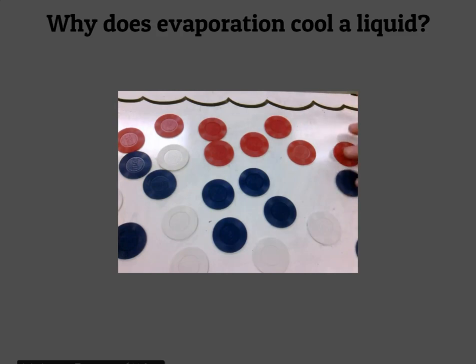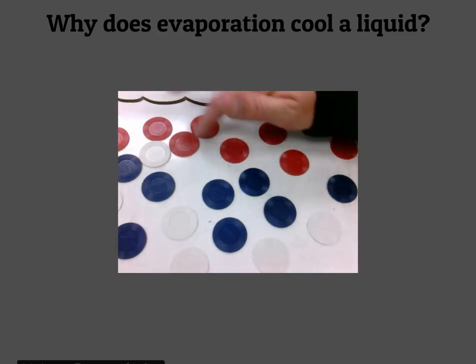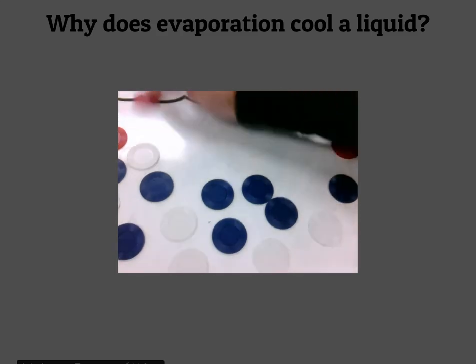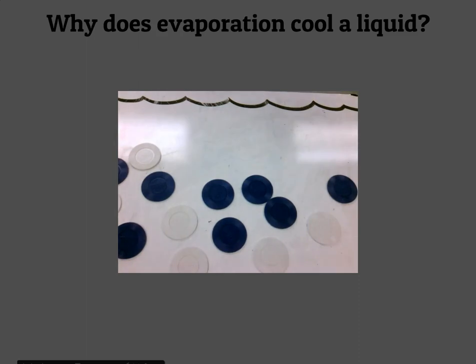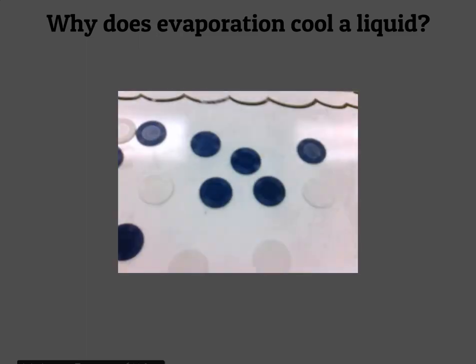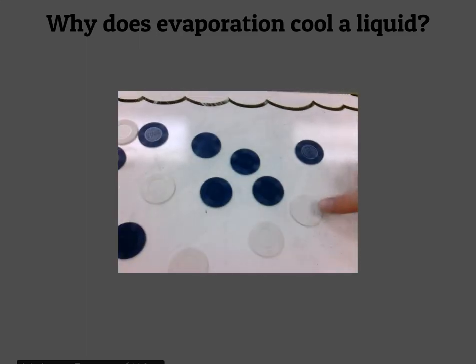Well, why is that? When you get out, your skin is exposed to the air and the wind blowing around, and those hot molecules are zipping around. Because they have a higher kinetic energy, they are going to evaporate away. When they evaporate away, that leaves behind the molecules that have a lower kinetic energy.